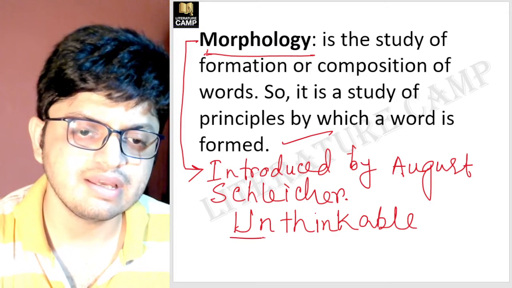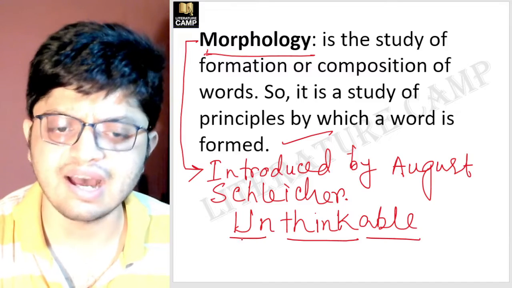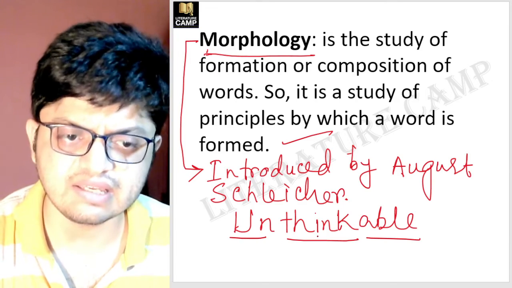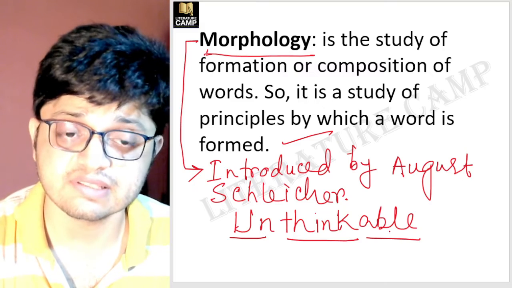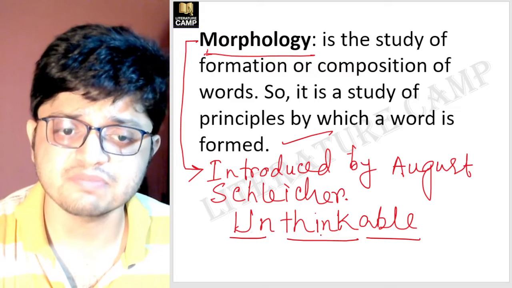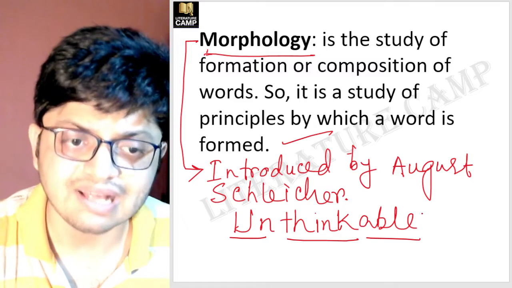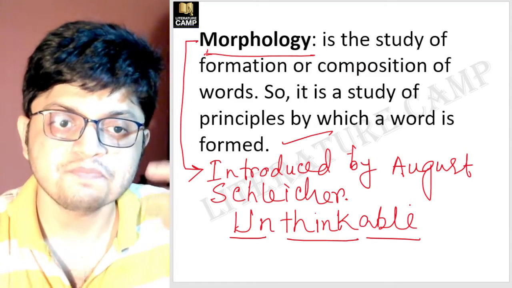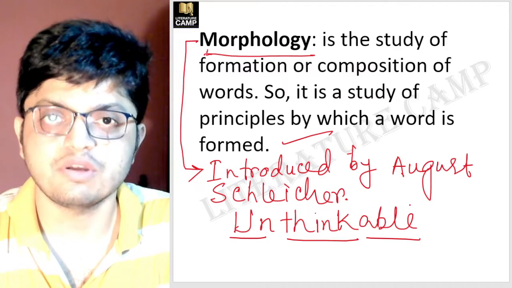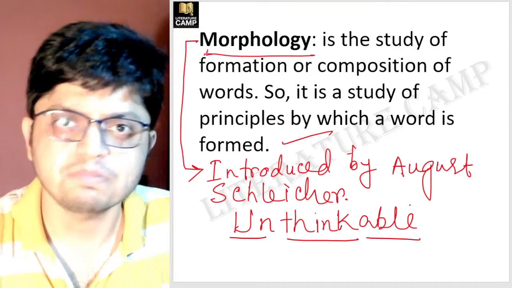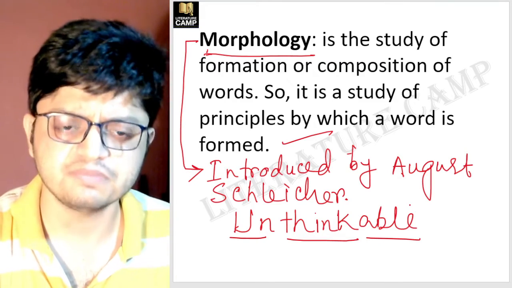This word is made of 3 units. Un, that is the prefix, think, that is the base word or root word, and able, that is the suffix. By these 3 units, prefix, base or root and suffix, this word unthinkable is made. So it is the study of formation or composition of words. So it's a study of principles by which a word is formed. Right? I hope you have understood.